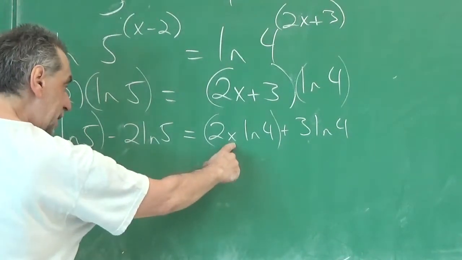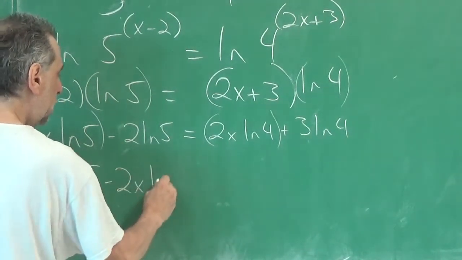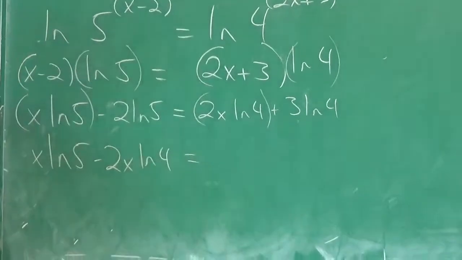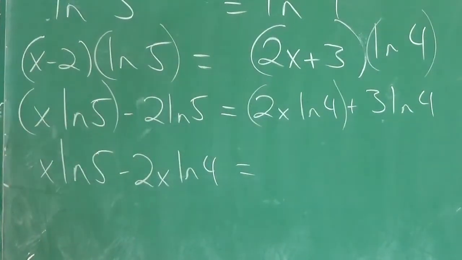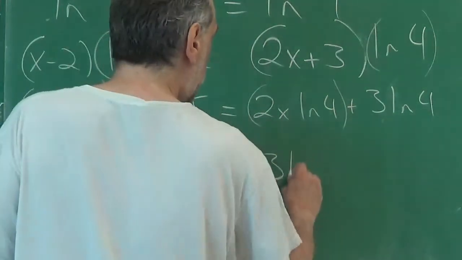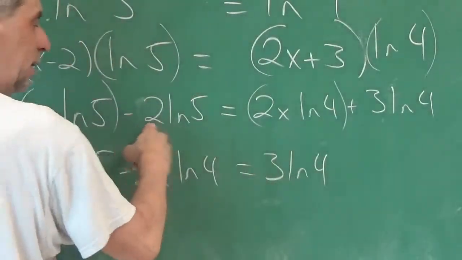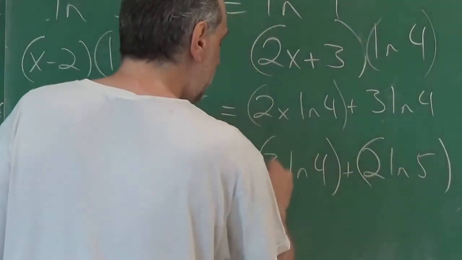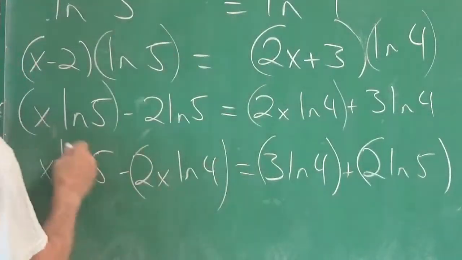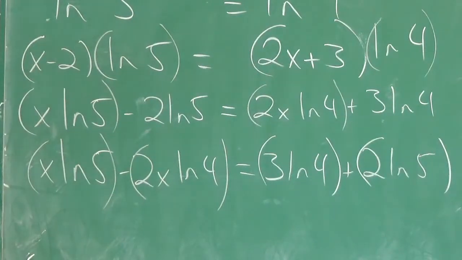We're going to subtract 2x ln 4 from both sides, and then I'm going to add 2 ln 5 to both sides. So we still have the 3 ln 4, and now I'm adding 2 ln 5. Again, this is just a number, that's a number, this is one term, and that's another term.